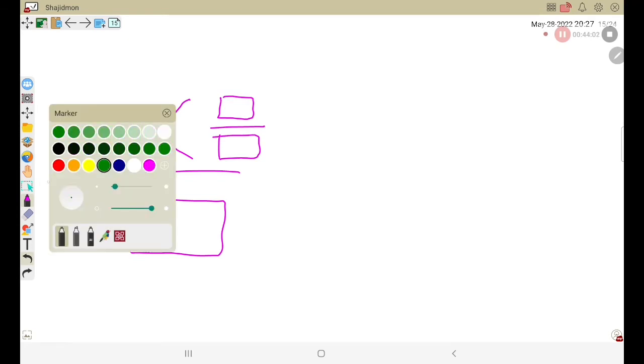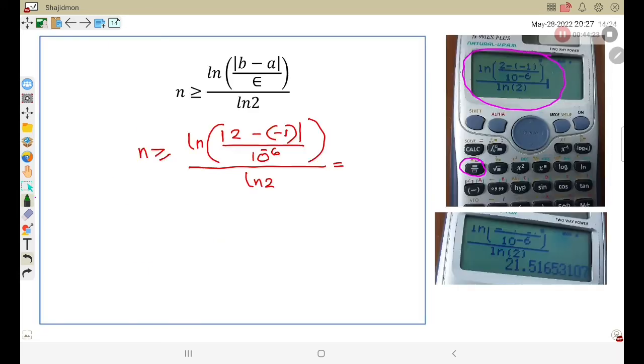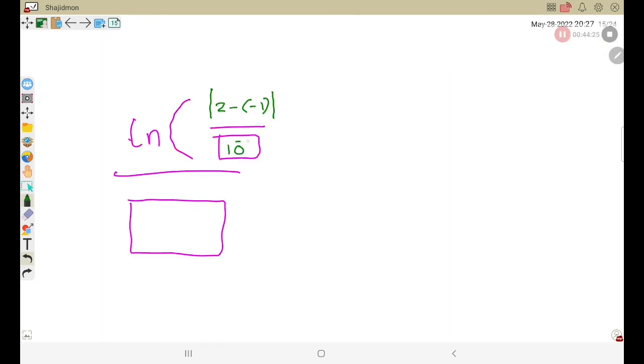Okay, after that use shift, shift hyp, the absolute symbol is here on the top side, shift hyp absolute will come. After that you enter your b minus a here, 2 minus 1, divided by e, number 10 power minus 6.